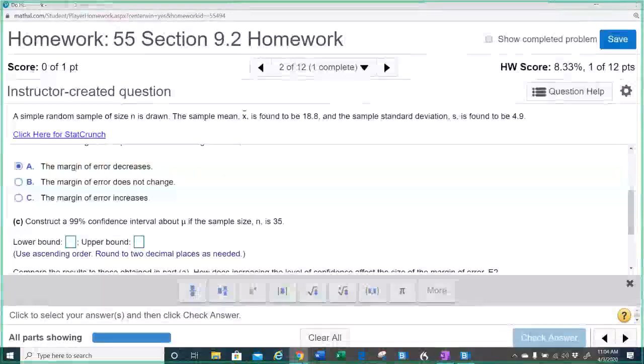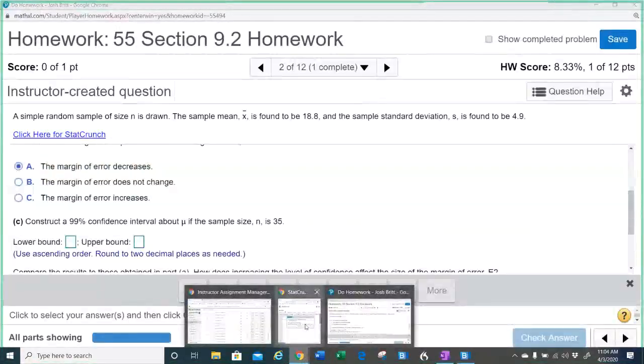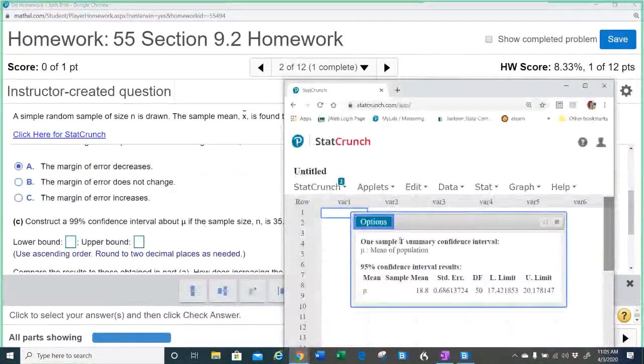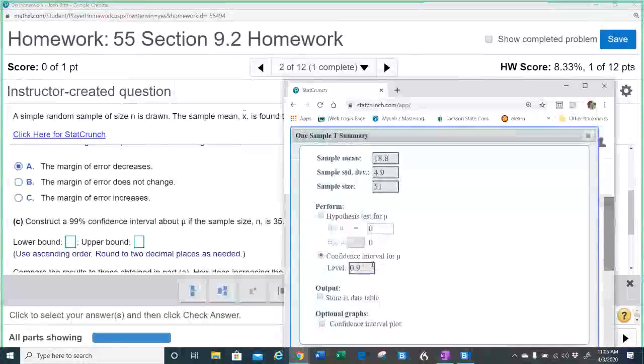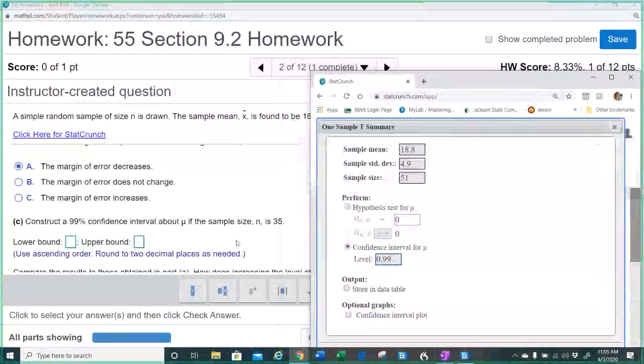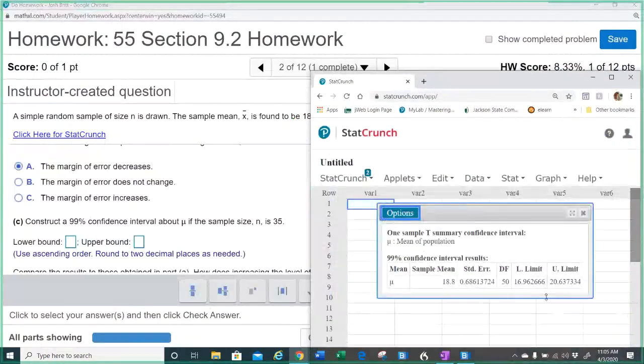So let's do another confidence interval here. So this time we're going 99%. Sample size is 35. Okay, so we just change confidence this time. And we get 16.96 and 20.64.